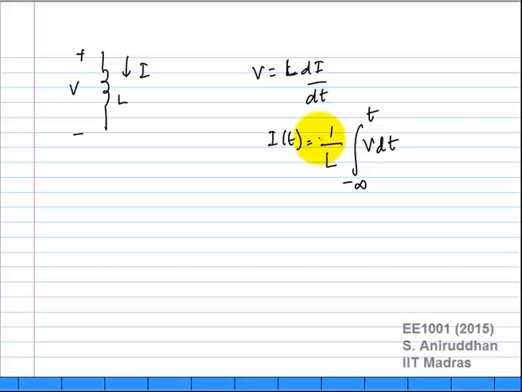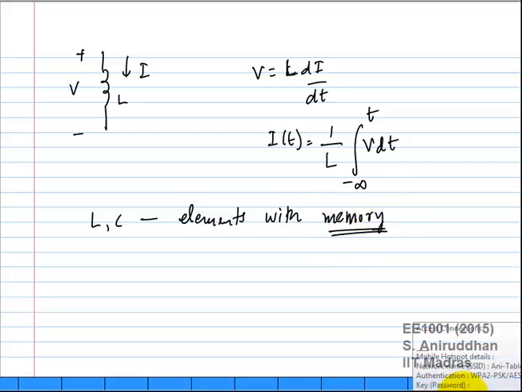So in other words, they are elements with what is called memory. Only if I know the past values, I can know the exact value. Without knowing that, I cannot draw out the relationship.